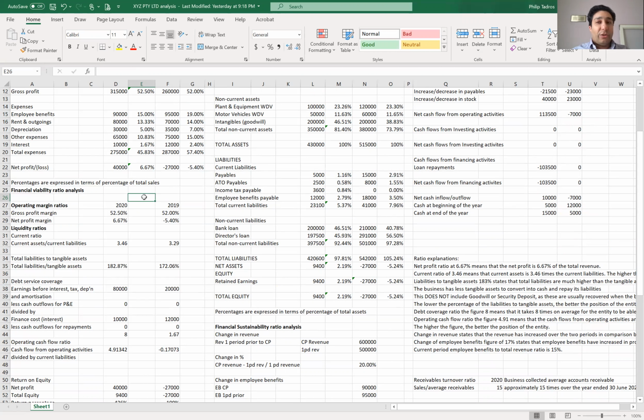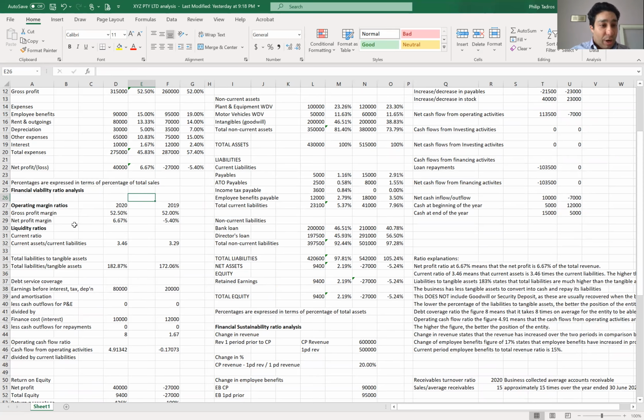So at the end of the day, when we conduct this ratio analysis, you want to ask yourself, and you want the director to be able to answer, is the business financially viable and is it financially sustainable? If not, then what needs to be done in order to get it onto track?